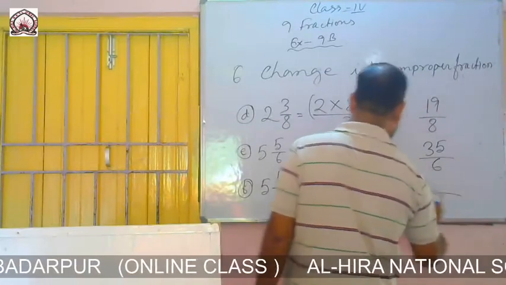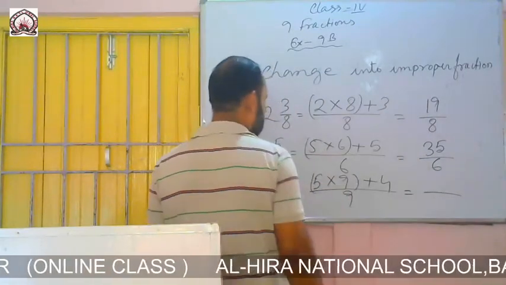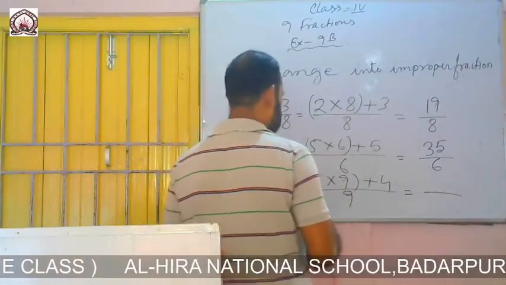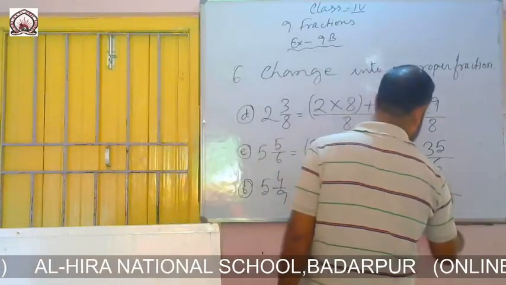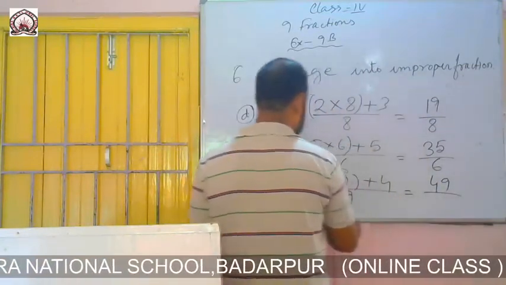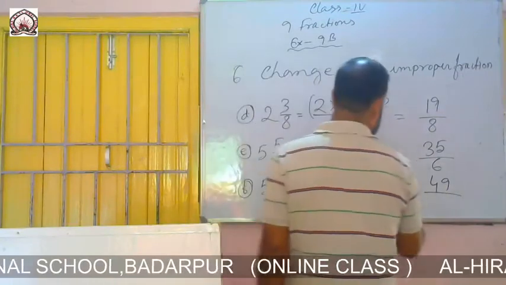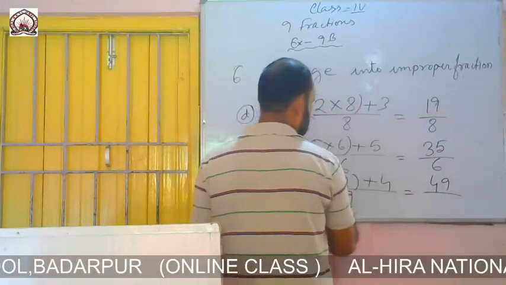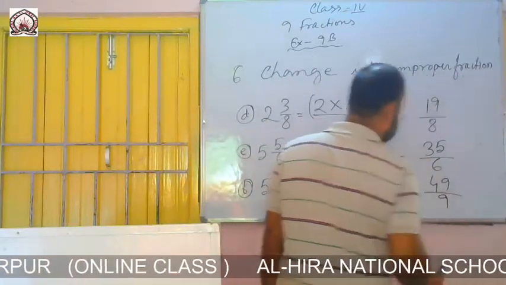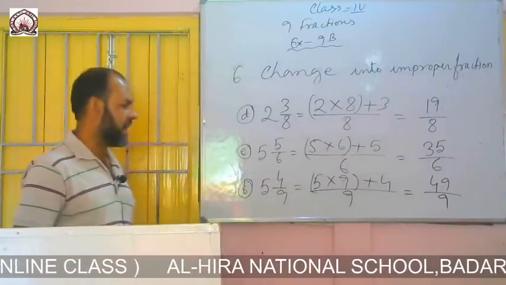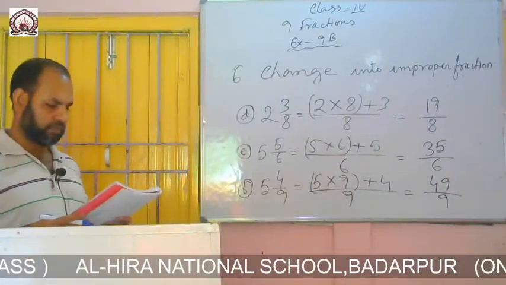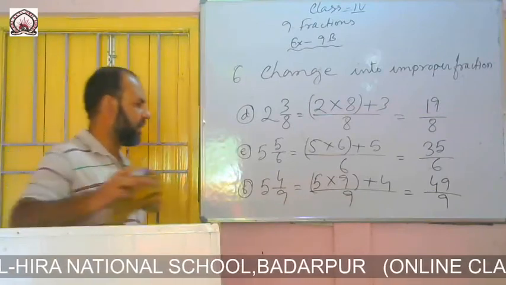So 5 9s are 45 plus 4 is 49. 5 9s are 45 plus 4 is 49 by 9. The improper fraction is 49 by 9.